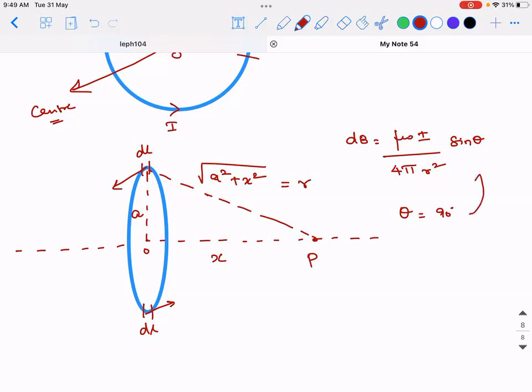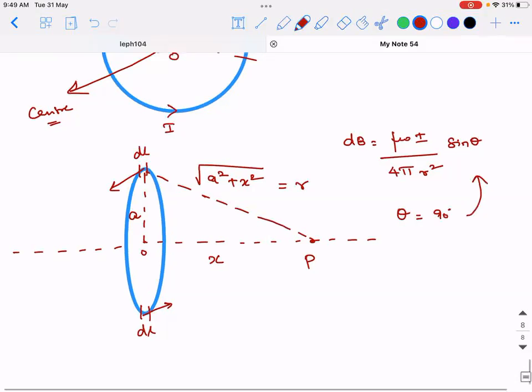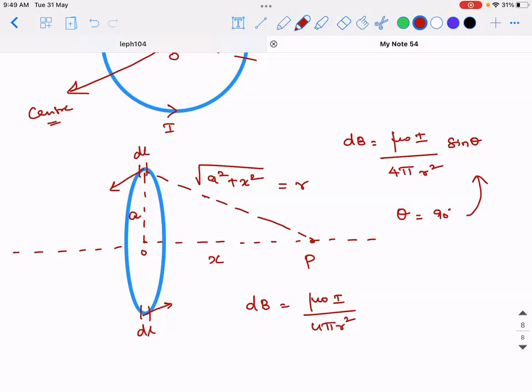Okay. So I can take this and substitute it here. I'll get dB is equal to mu naught I divided by 4 pi into A square plus X square into sine 90. Observe this step and ask if there is any doubt.